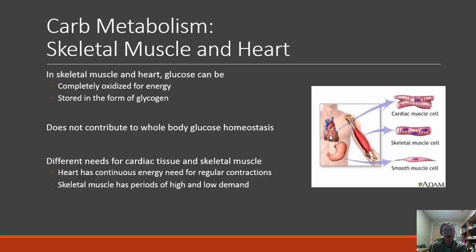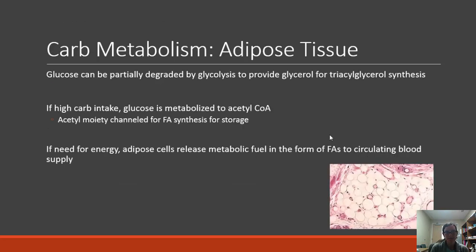And then our needs are dependent on the type of muscle that it is. So we maybe have variable energy needs for our skeletal muscle, whereas we have a constant energy need for our heart muscle. And then in our adipose tissue, we can degrade glucose by glycolysis in order to ultimately produce glycerol that we can use for triglyceride synthesis.